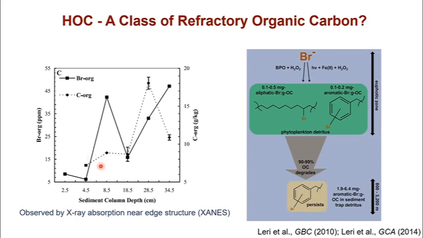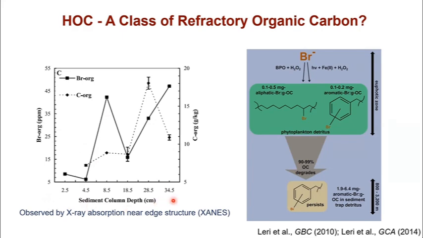One of her data sets, on the left-hand side here, shows the square solid line, the bromine that is bound to organic carbon. The dotted line shows the organic carbon concentration at depth in Bering Sea sediment.